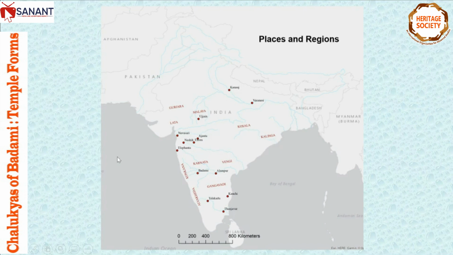All these regions have played a very significant role in the development of temple architecture in what I call the Karnataka region, what is now known as Karnataka, which has a smaller geographical area compared to the one it had before the 9th century.